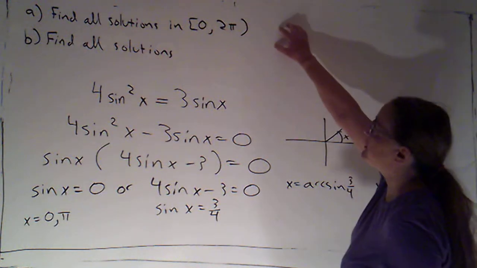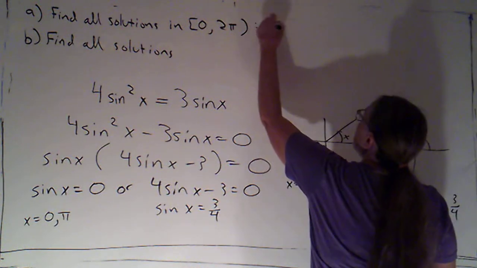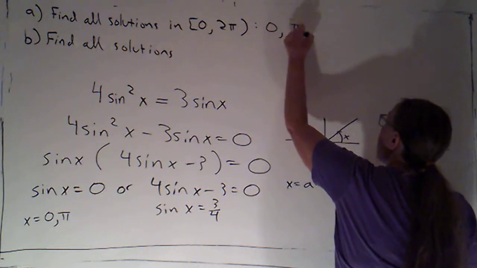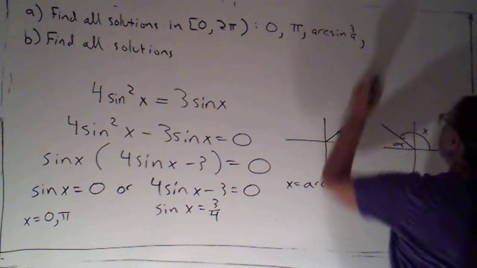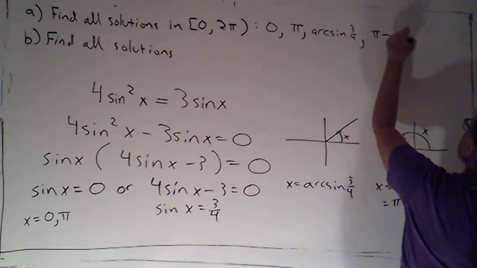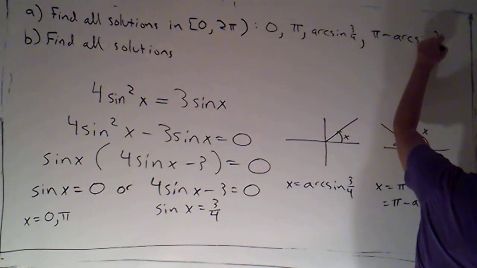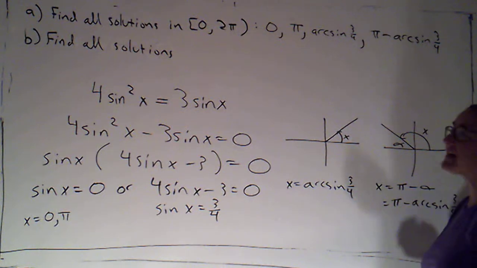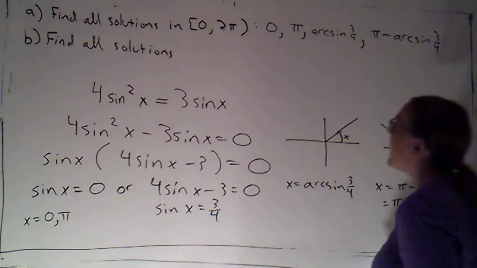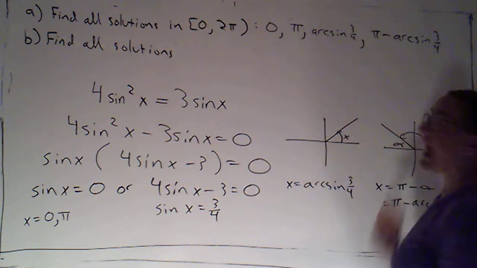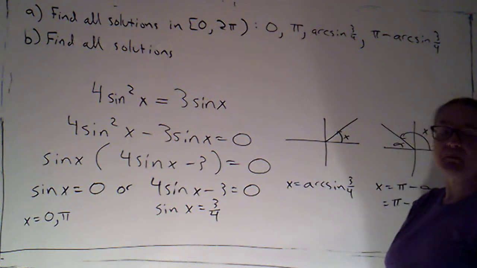So my solutions between 0 and 2 pi would be 0, pi, arcsine of 3/4, and pi minus arcsine of 3/4. Excellent. And then if I want to find all solutions, I'm going to just take each of these and add a multiple of 2 pi to them.